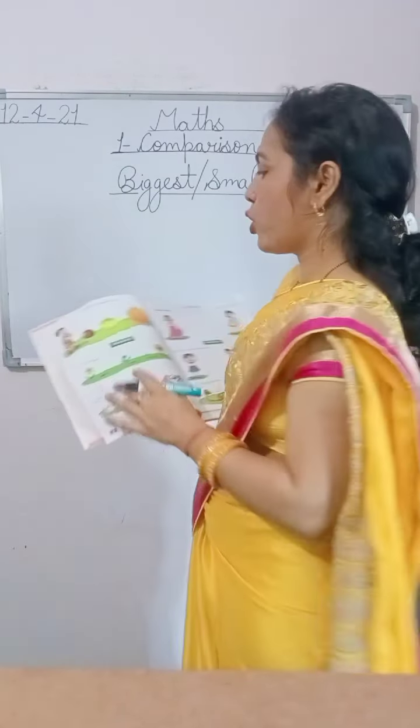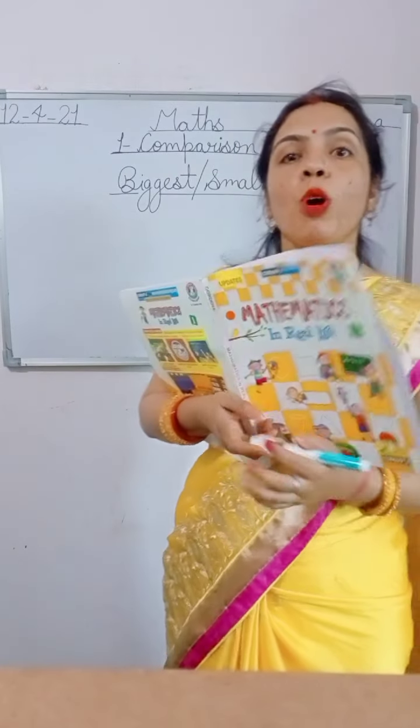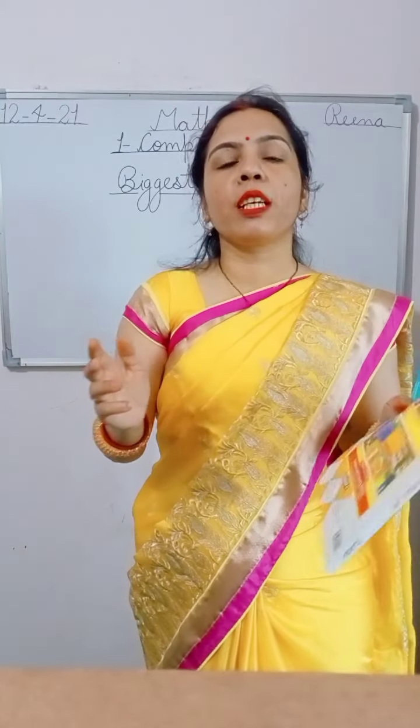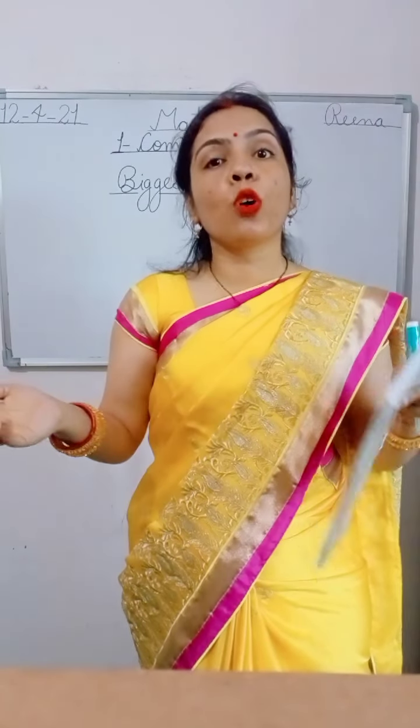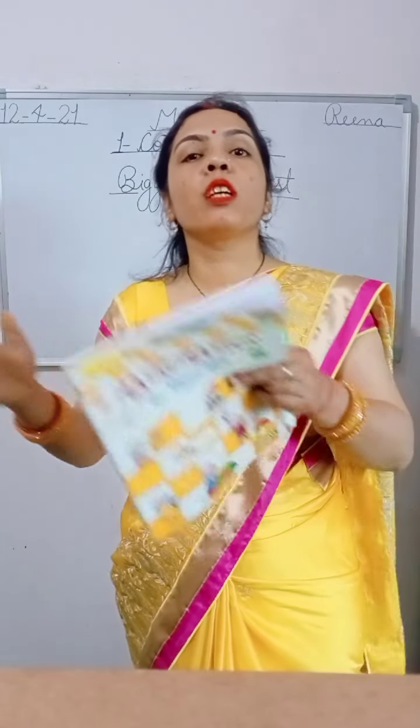Okay, your topic is biggest or smallest. When we compare two objects, then we say big or small. When we compare more than two objects, then we say big, bigger, biggest, small, smaller, smallest.